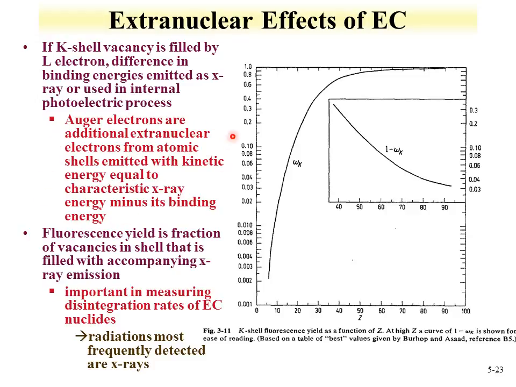So these are outer atomic electrons that will be emitted with a kinetic energy equal to the characteristic X-ray energy minus its binding energy. There's a term, the fluorescence yield, which is the fraction of vacancies that are filled with an accompanying X-ray. The reason that this is important is that sometimes these Auger electrons can be used in radiopharmaceutical applications, where if you have an isotope that has a high degree of Auger electron emission, you can use this as a therapeutic agent for cancer treatment.